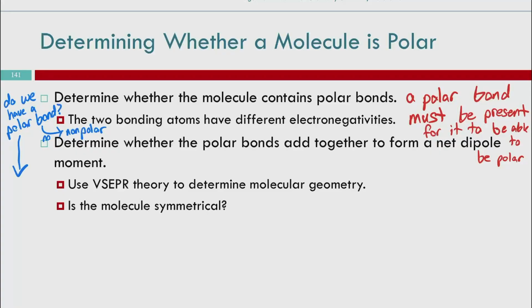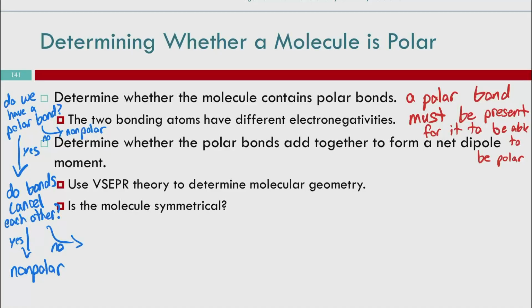If the answer is yes, then we have to figure out if the bonds add up. Do the bonds cancel each other out? If they do cancel each other out, then it's nonpolar.